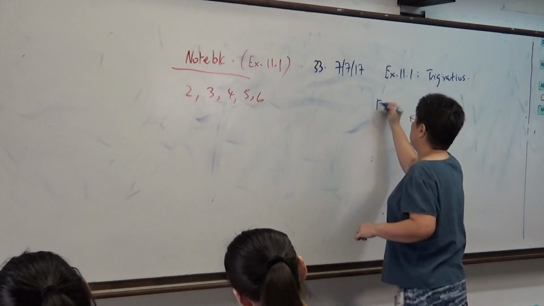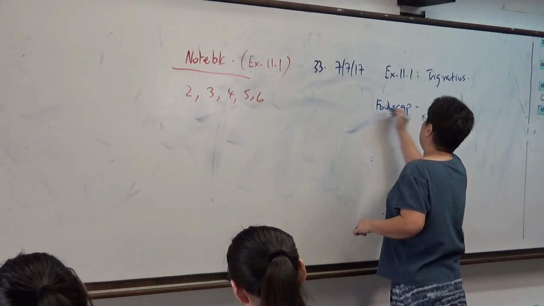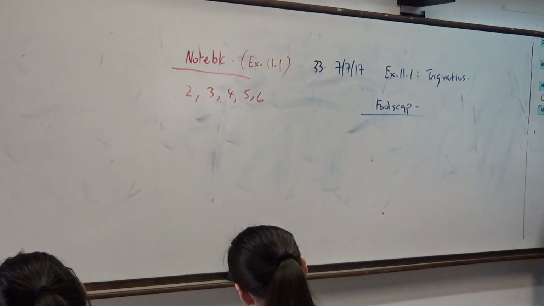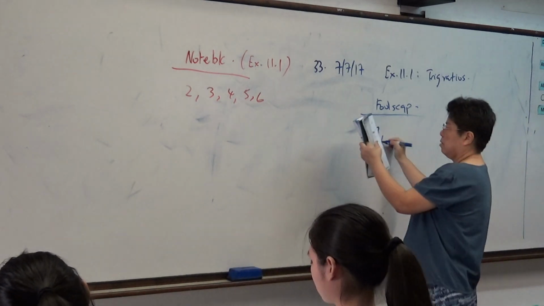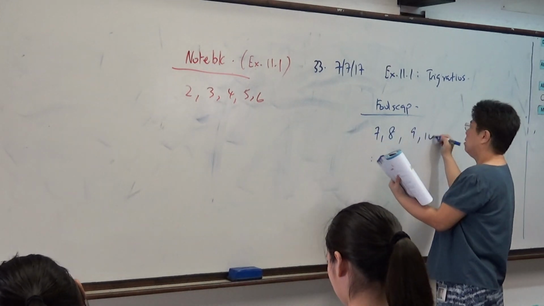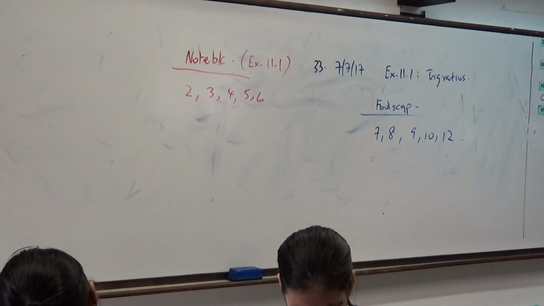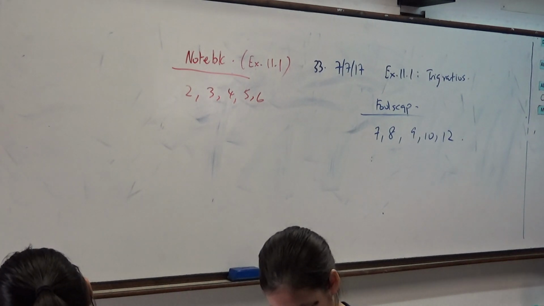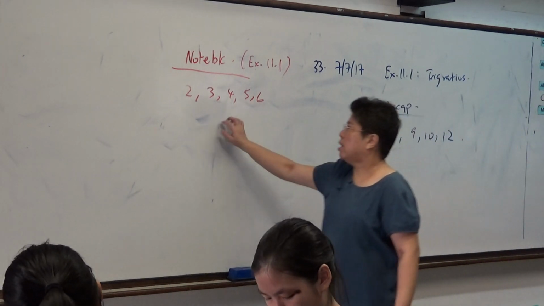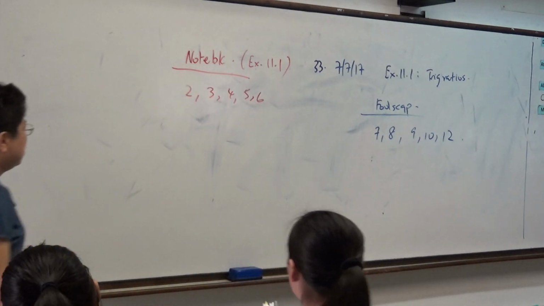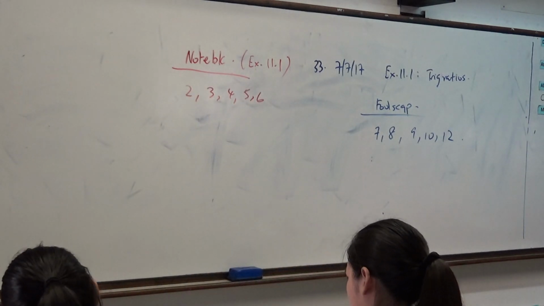Just write trig ratios. Now, on full scale, you are going to do 7, 8, 9, 10, 12. I'm going to start 7 together with you. Don't put this one. Monday I'll go through, understand?